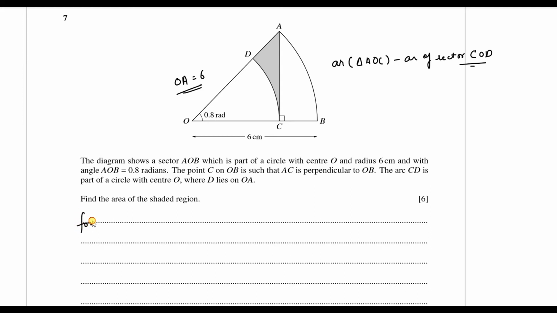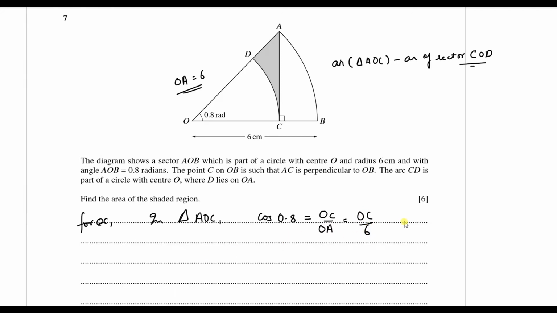So for OC, in triangle AOC, which is a right angle triangle, we can use cos theta, that is cos of 0.8 is equal to OC upon OA, and we can write it as OC upon 6 because OA is 6.